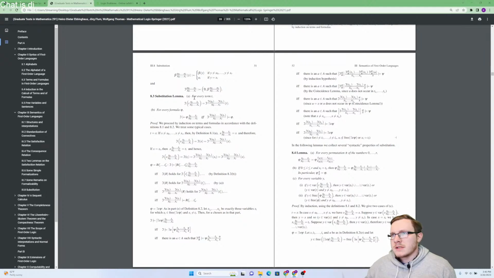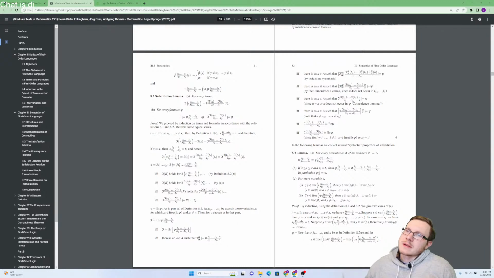For every term t, the interpretation of t where x naught through xr are replaced with t naught through tr is equivalent to the substitution of x naught through xr. Oh, this makes a lot more sense.